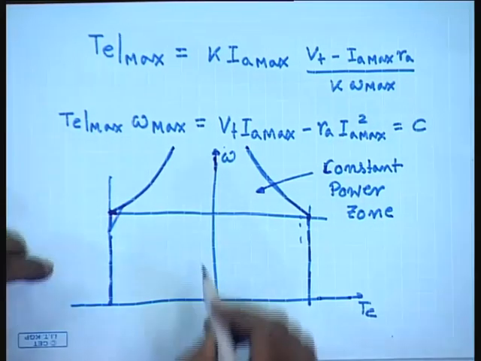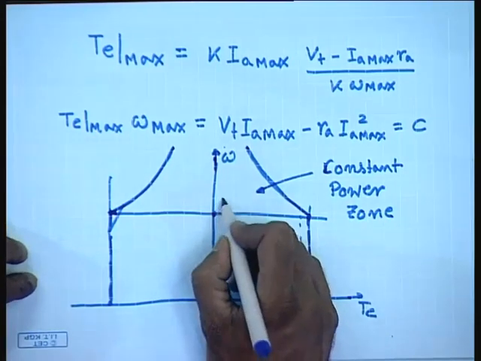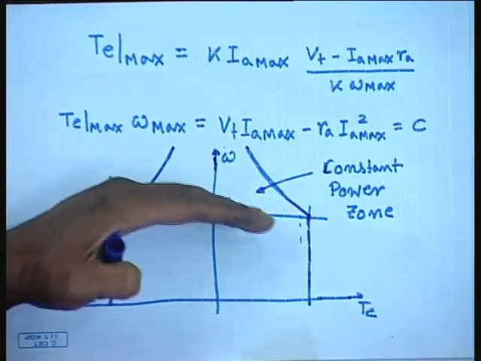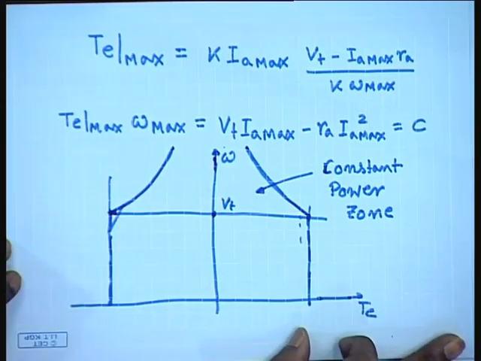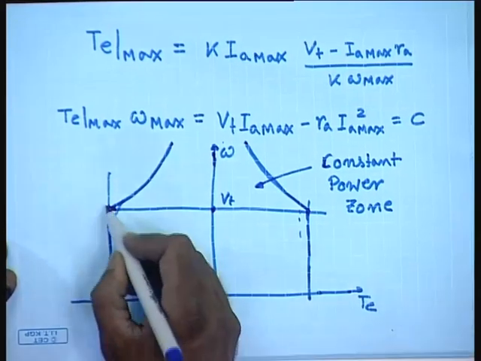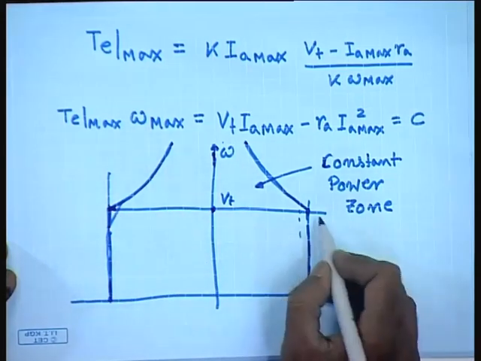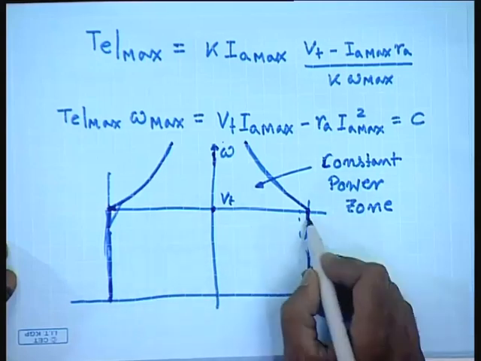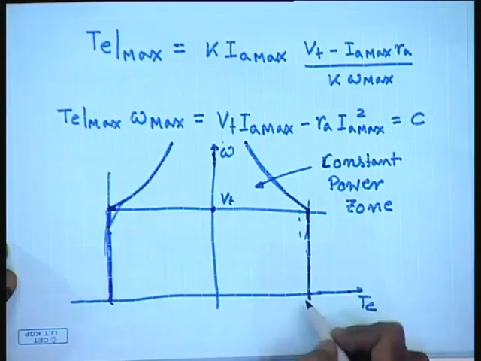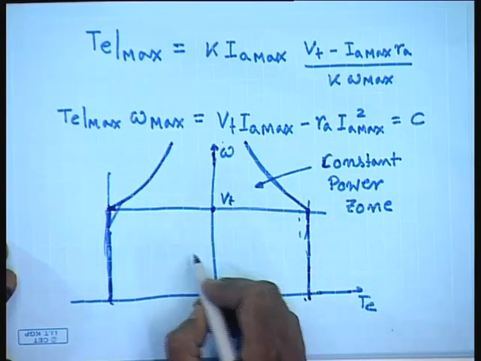Now, below this corresponds to rated armature voltage. If by some means we can reduce the armature voltage below the rated value, then the limits corresponding to rated armature current become straight line. So, you can generate constant maximum rated torque, this is called the constant torque zone.